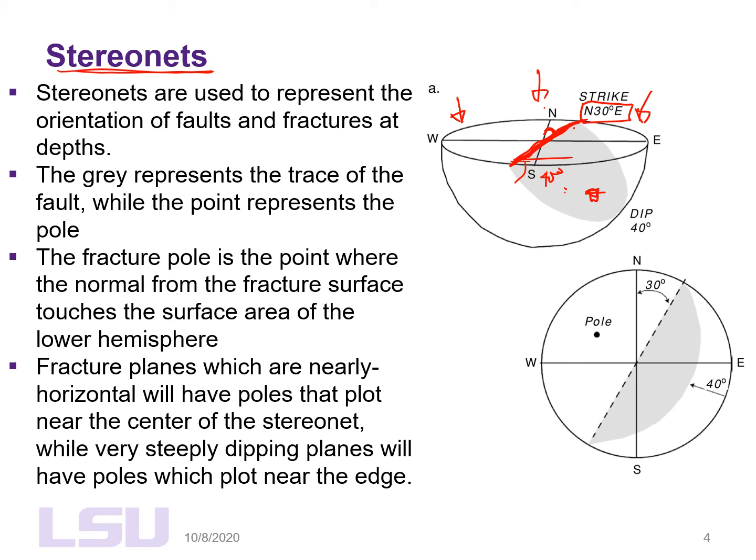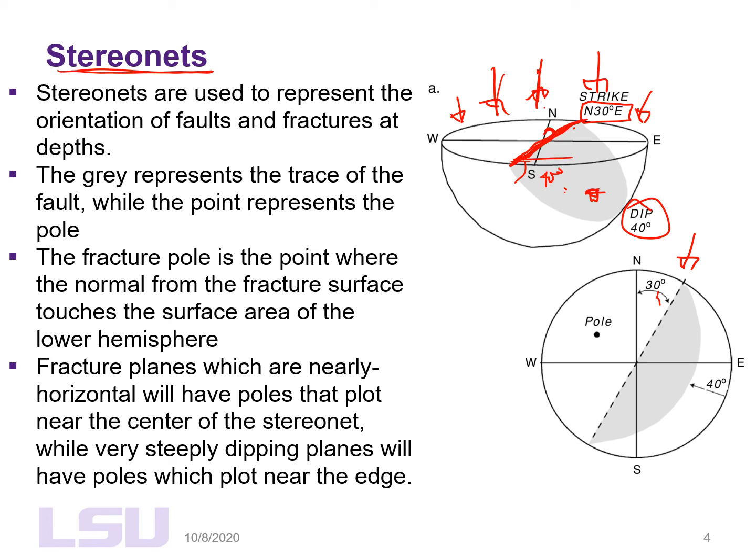Now, how do you represent this fault that has a dip of 40 degrees and a strike of northeast 30 degrees with the StereoNet? That's what you show here. So with the StereoNet, you're not going to draw the hemisphere, you're just going to draw a circle. And that circle represents this circle you see when you're looking down on the hemisphere from above.